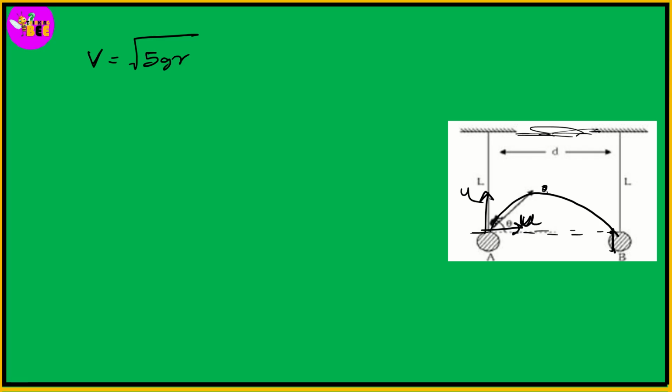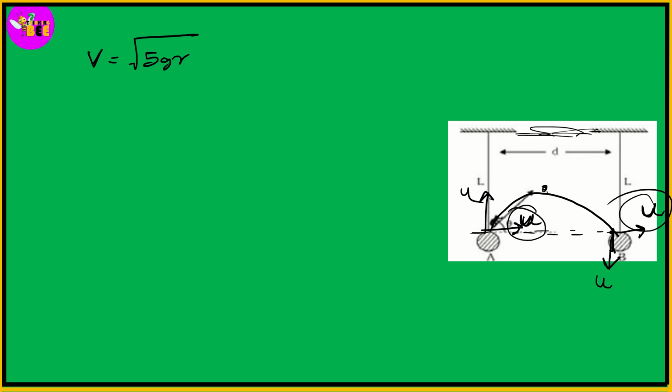This means at point B, when the monkey lands on point B, its velocity downwards would be u and rightwards would still be u. So, from this we can say that ux, that is u, remains constant.